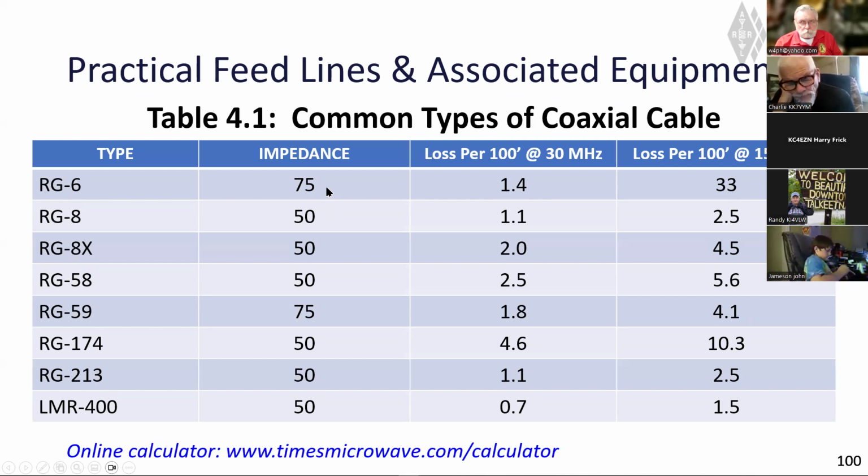This is most typically seen as a television antenna coax at 75 ohms.